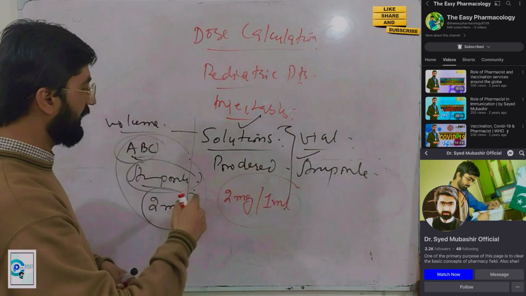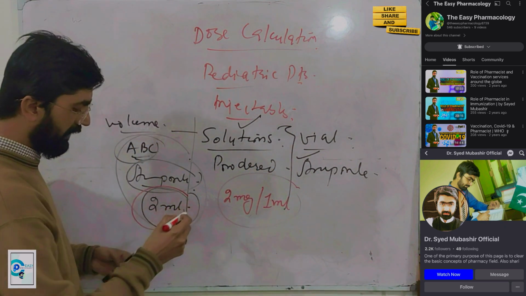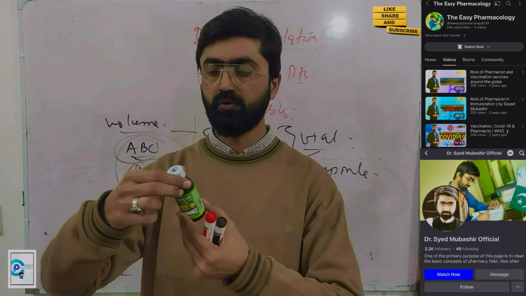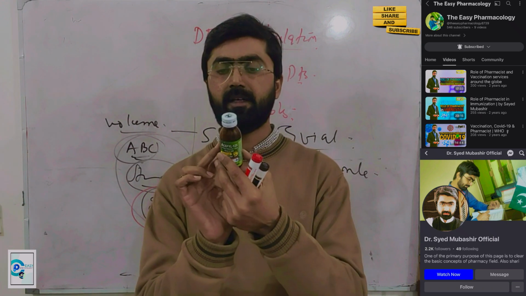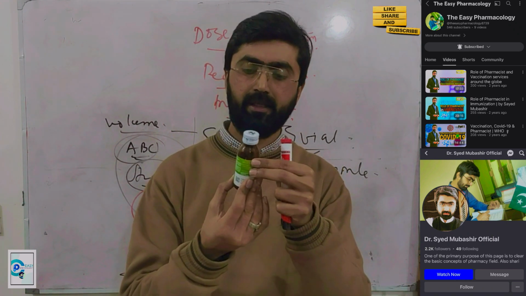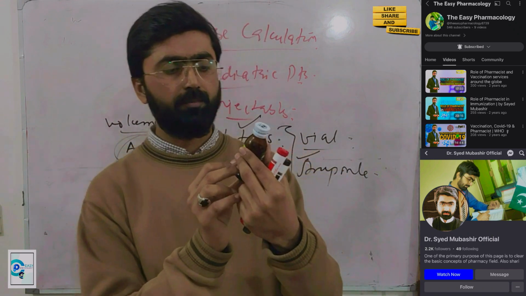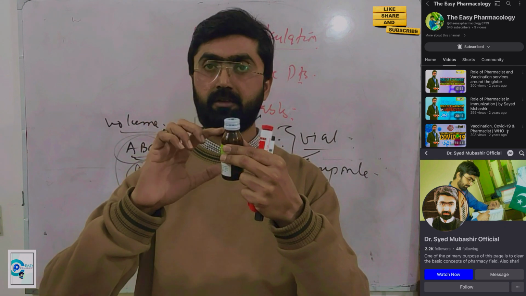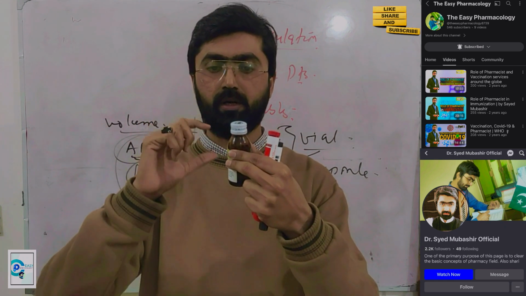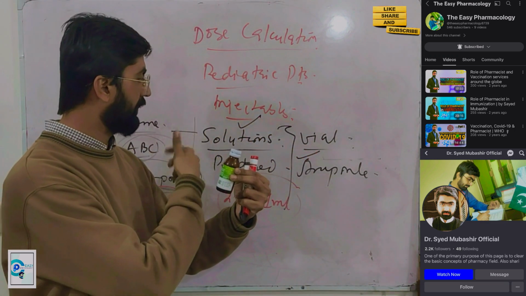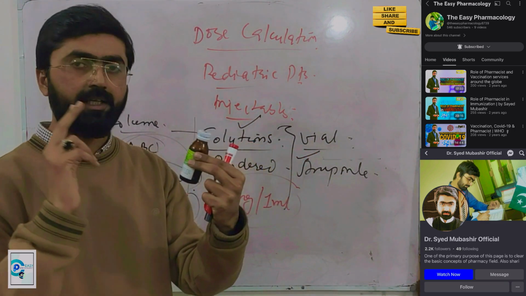So there are two things. Let me give you an example from this one. This is a bottle of syrup. I'm not telling the specific name. This is not for injection, it is for oral use, but for explaining the point I want to discuss here, there are two things.